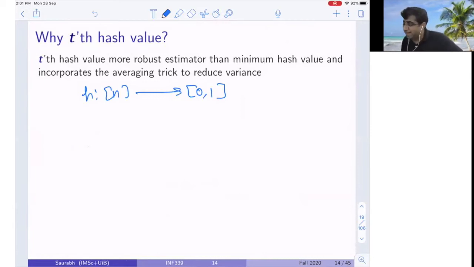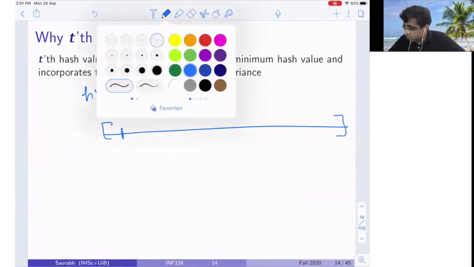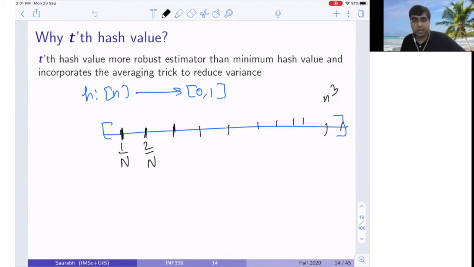But now, rather than the 0, 1 interval, it is trying to say, let's make N equal parts and be uniform over there. So basically, I have divided my 0, 1 interval into multiples of 1 over N: 1 over N, 2 over N, and so on. So this is one way to think of this.